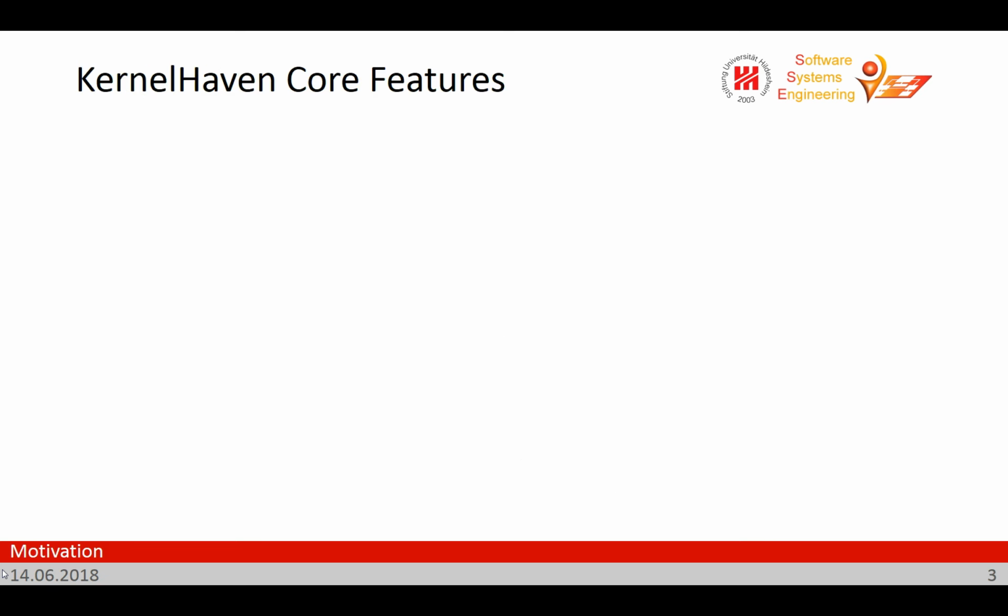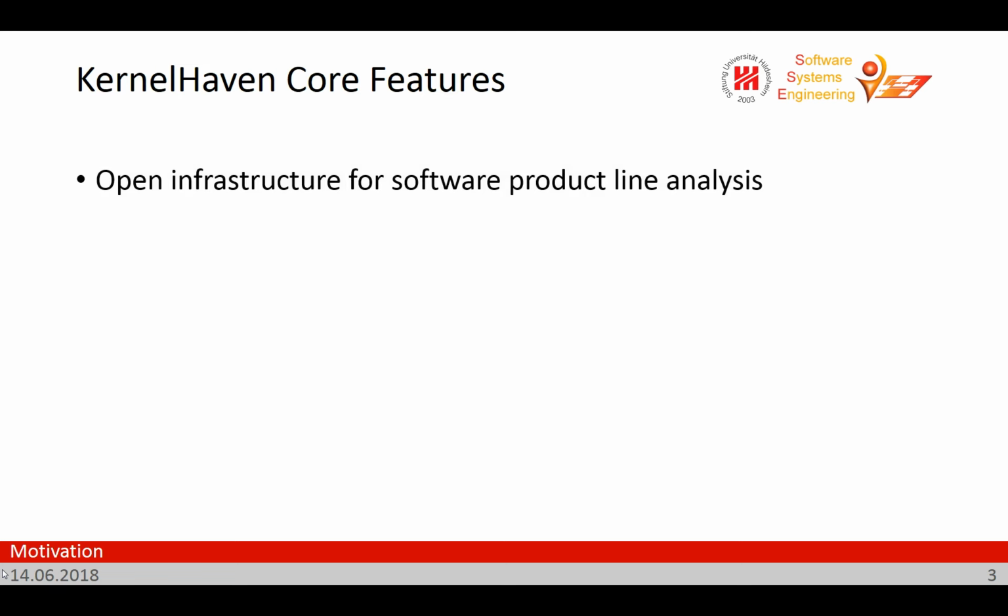This is where KernelHaven comes into play, the core features the tool provides. In general, KernelHaven is an open infrastructure for software product line analysis, so it's dedicated to this domain of analysis. It allows you to rapidly set up and vary experiments.